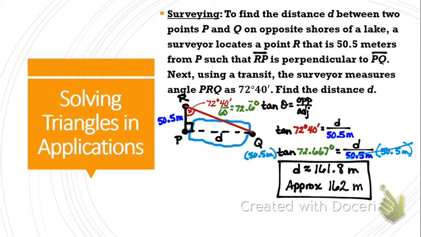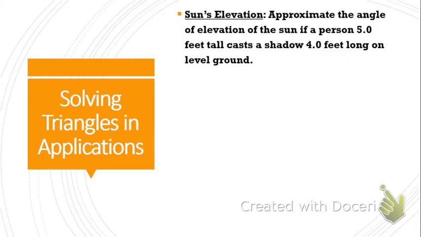Let's go look at part C then. What do we have going on here? We've got the sun. Okay, so I'm going to need to get an orange color out here. And what's going on with the sun? What's happening? It's casting a shadow.